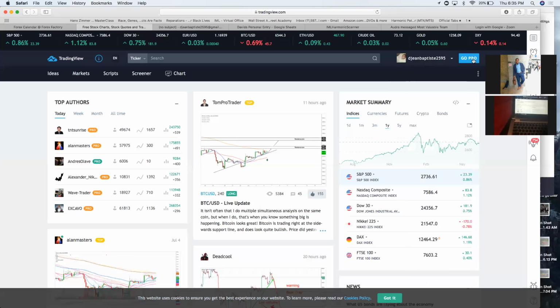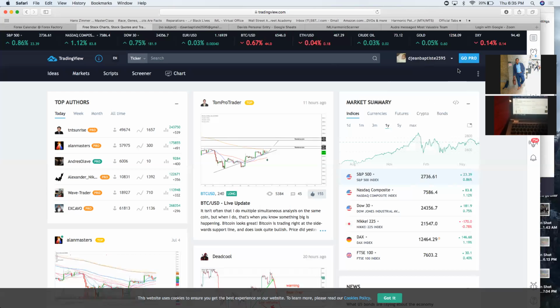For example, you're able to have alerts on your TDI, your indicators, your chart and your EMAs. So if one EMA crosses another EMA, just because you have an upgraded account, TradingView is going to send you a text message or an email stating that one EMA has crossed another EMA.